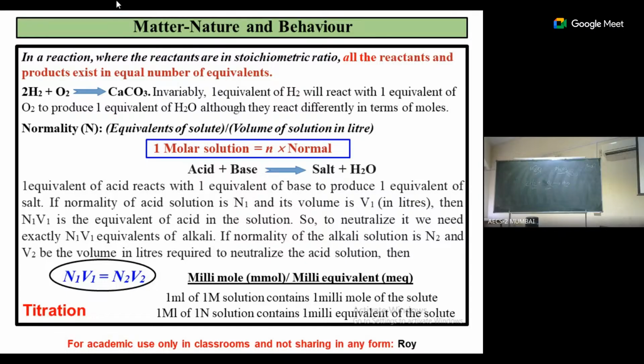So the number of moles present in 1 liter is molarity. The number of equivalents present in 1 liter of the solution is called normality and is represented by N. So obviously, we can tell which one is going to be higher, if at all. Molarity or normality? Normality. Molarity.